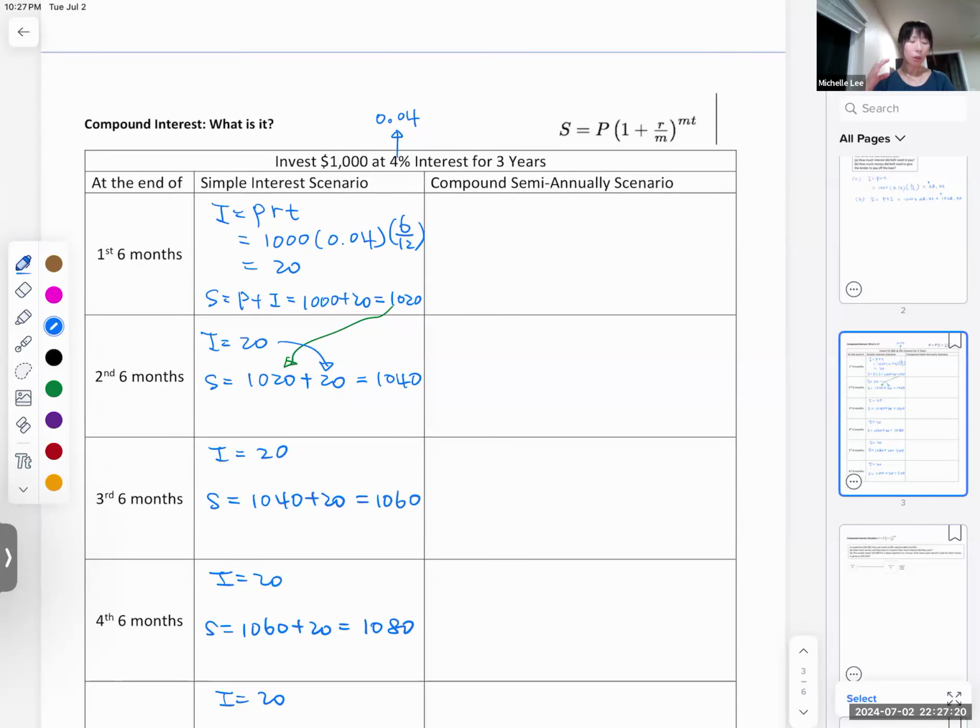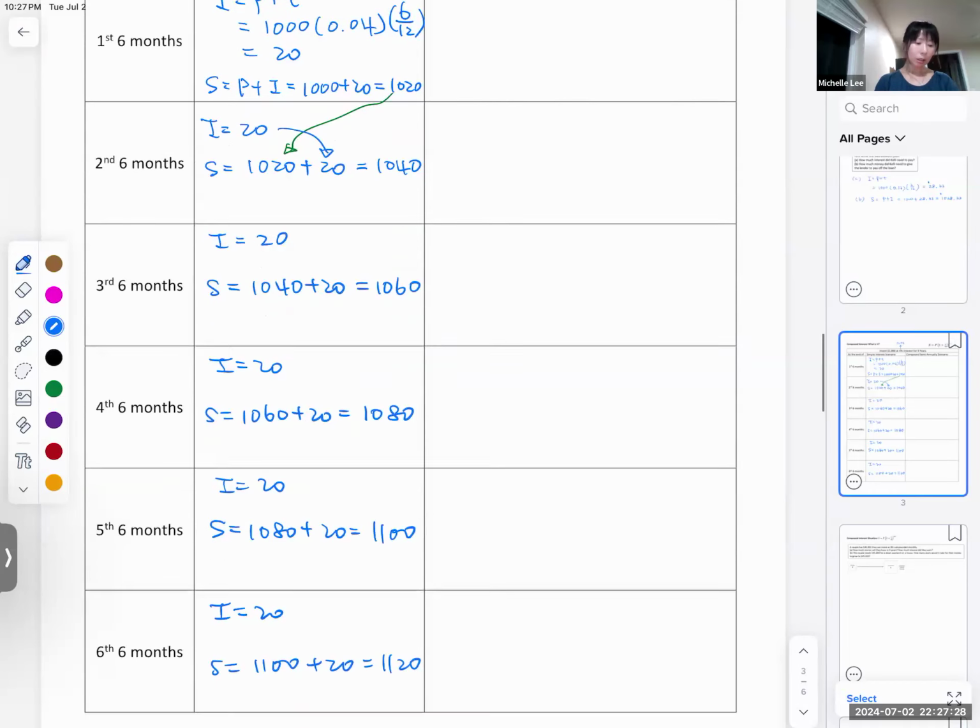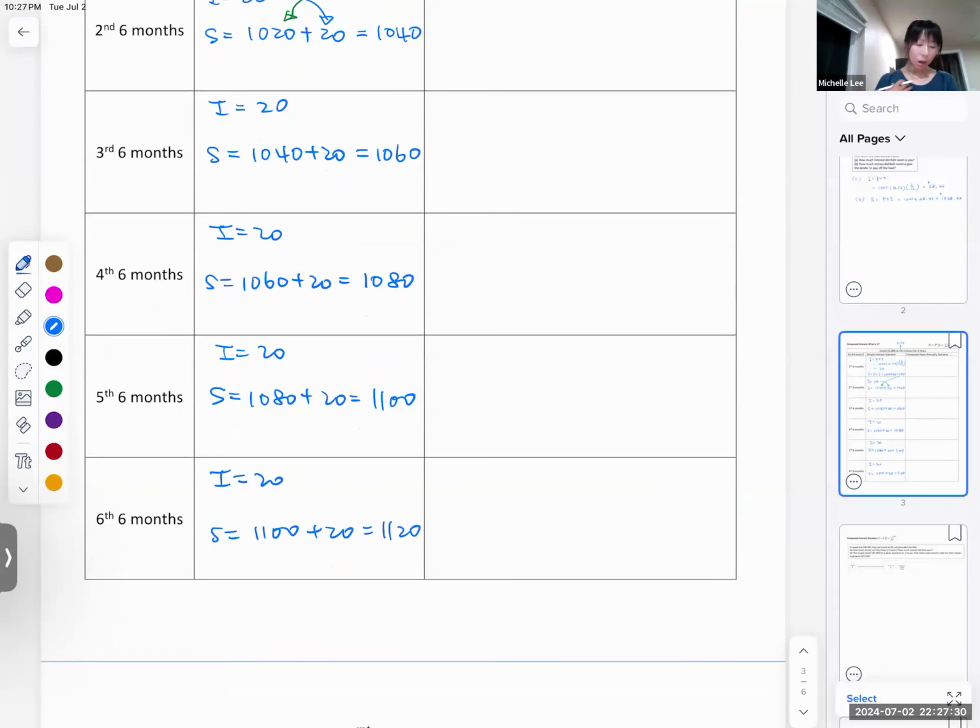If we invest $1,000 at 4% interest for 3 years, with the interest and the initial amount, we get $1,120 after 3 years, right?